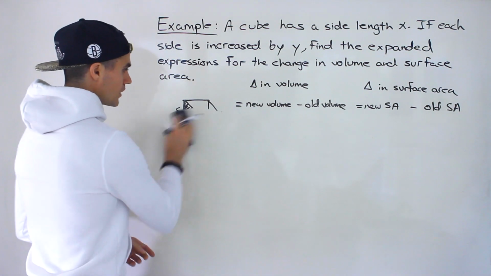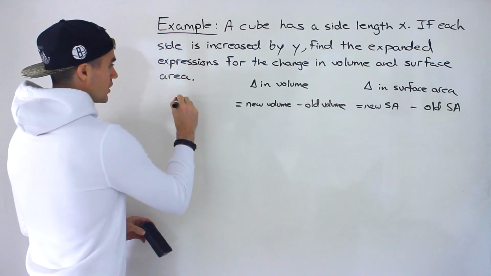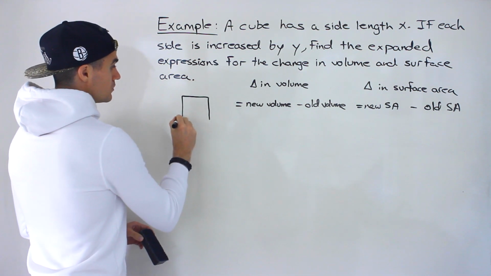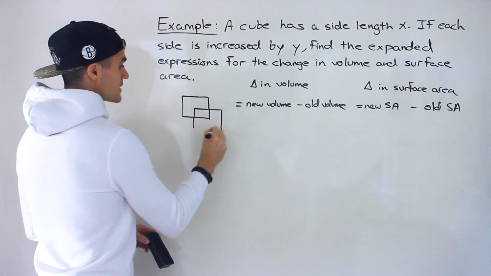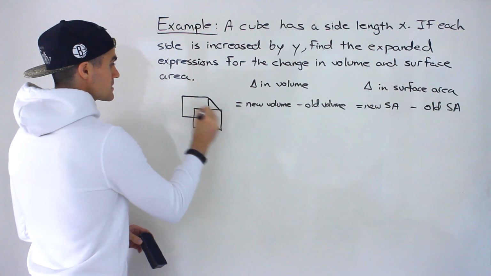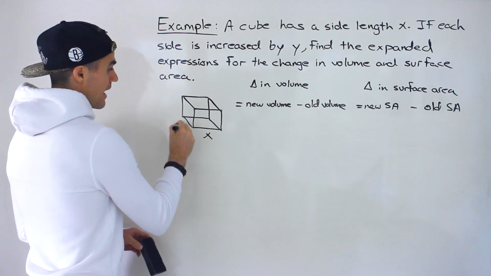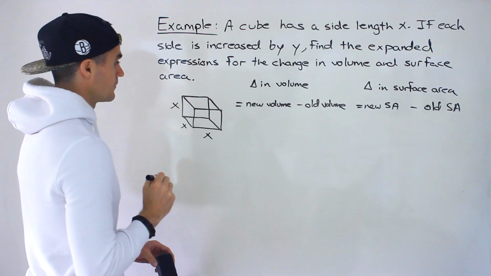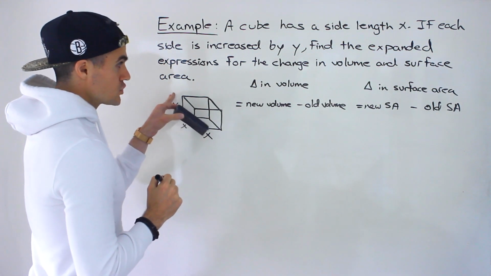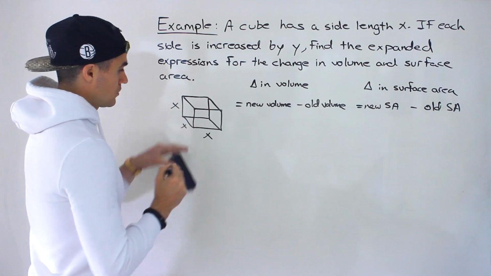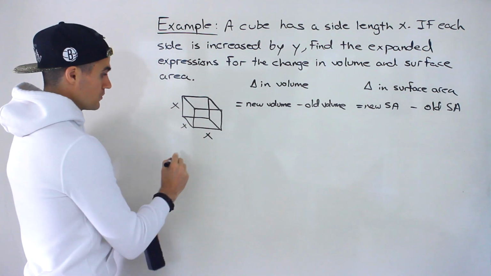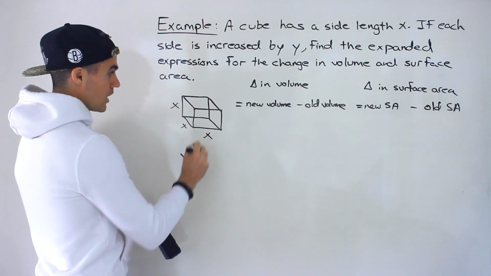So let's draw another cube here. Our original cube has what? It has a side length of x. So we've got x, x, and then x right there. So this is the original cube, or the old cube, quote unquote. What's the volume of this going to be?